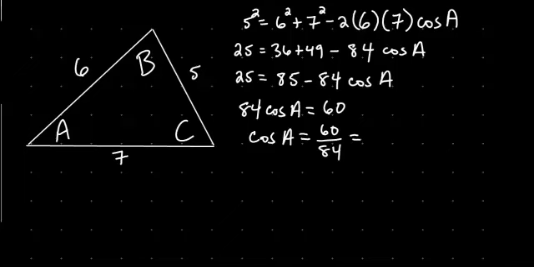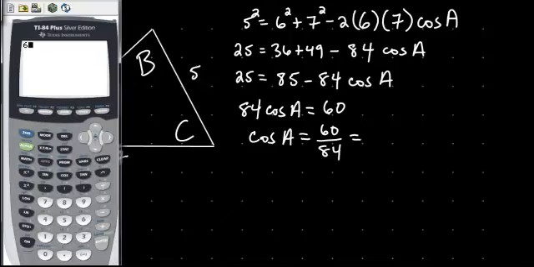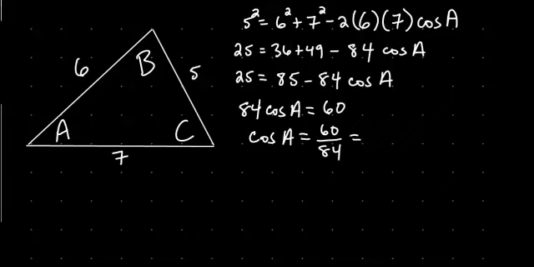I'm going to use my calculator to reduce that just to save some time. 60 divided by 84, enter, and if we go to math, fraction, we get 5/7. So the cosine of A equals 5/7. That tells me that A equals the inverse cosine of 5/7.